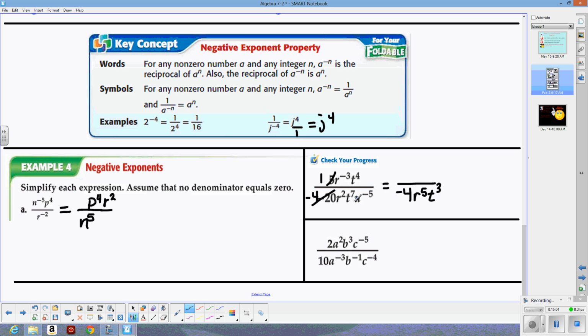And since they are not very happy here with this negative exponent, we're going to write that as the reciprocal by moving it upstairs and making it positive. So you could write your answer like this, or some might prefer to put the negative in the middle. Since this is positive and this is negative, positive divided by negative means it's going to be negative u to the fifth over negative 4r to the fifth t to the third.